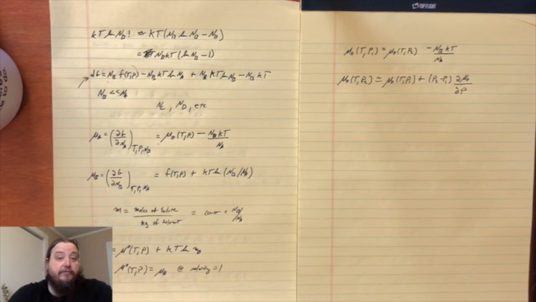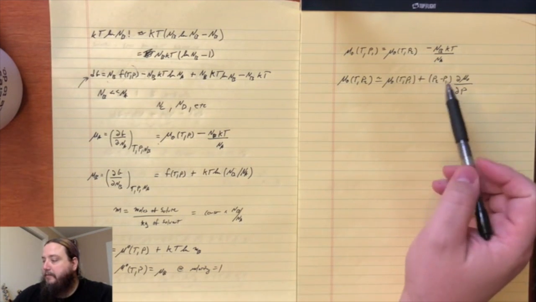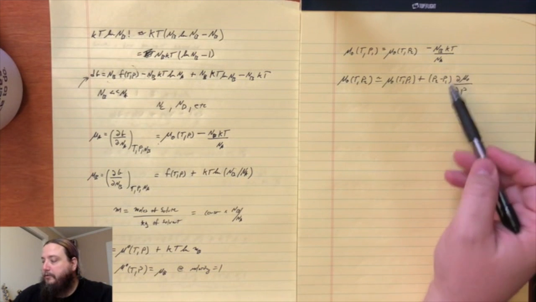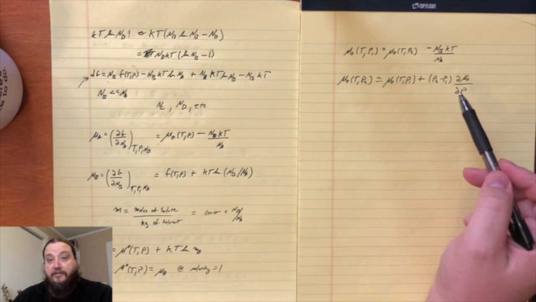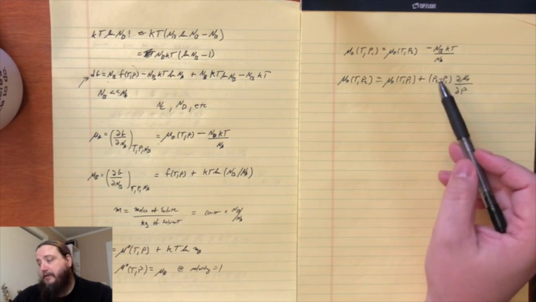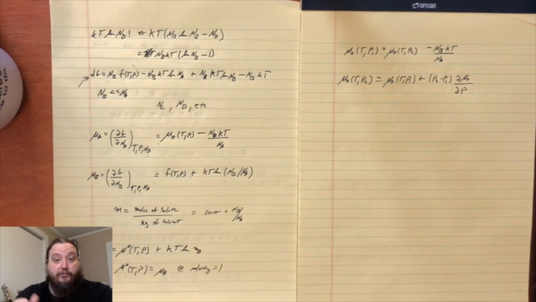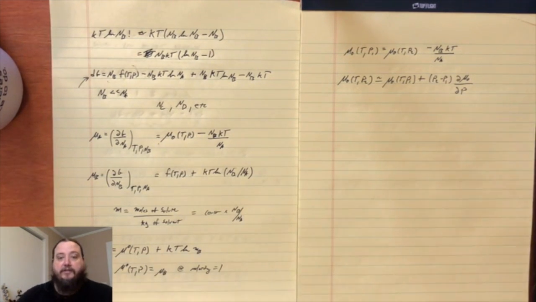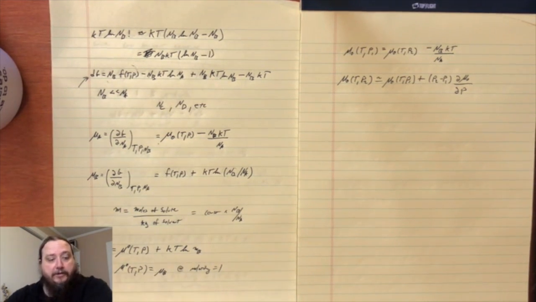Again, this is essentially a first-order Taylor series approximation. We're going to make the assumption that this pressure difference isn't huge, and that would give us just the single derivative term. Obviously, if the pressure difference was larger, you could expand this potentially to include more higher order terms, but we're just going to keep it in the linear regime here, again assuming that we're in the dilute limit so that the changes will be relatively small.